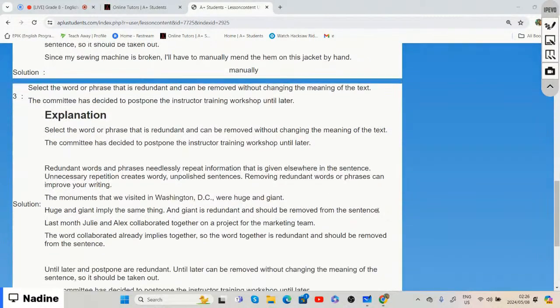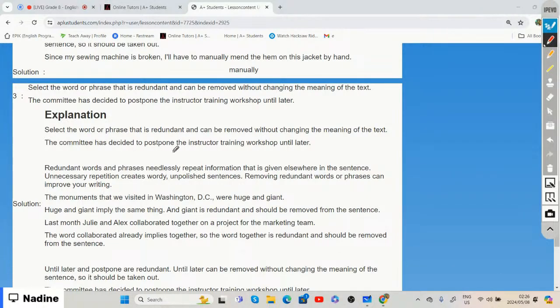The committee has decided to postpone the instructor training workshop until later.